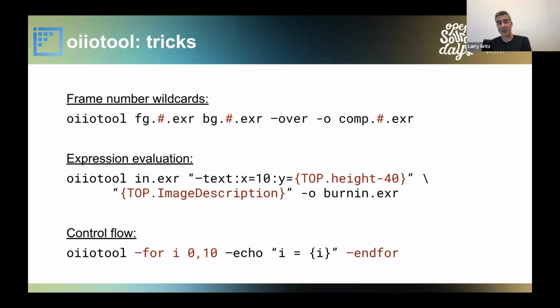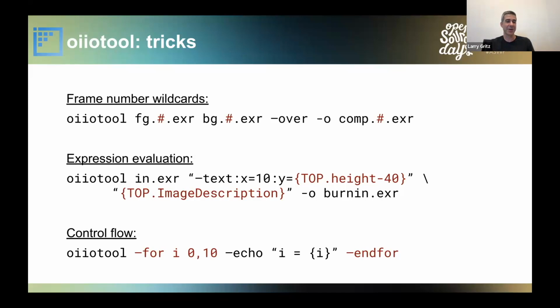Maybe you don't know what the resolution is, and it's doing a burn-in of some text, and it says the Y position is height minus 40. So it's going to put it at the bottom of the frame, but scooched up just a little bit so it doesn't run off the bottom. But this is going to work no matter what the resolution of the frame is. And the text that it's going to burn in is going to be taken from the image description metadata of that image itself. So this general command is going to work on any image.